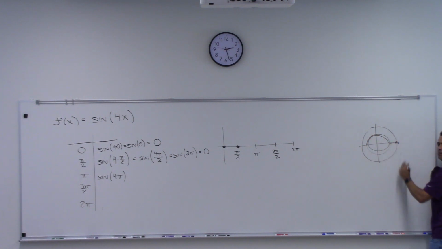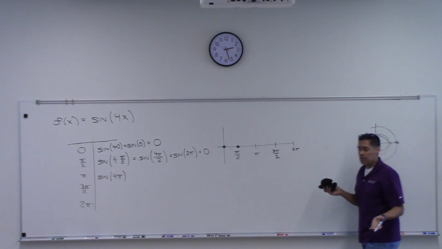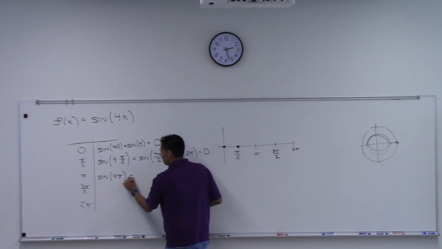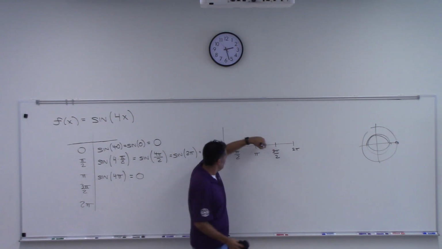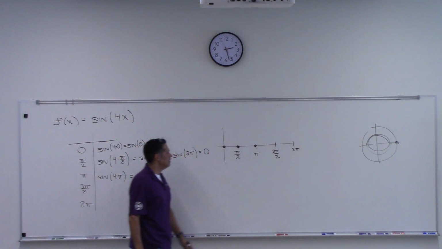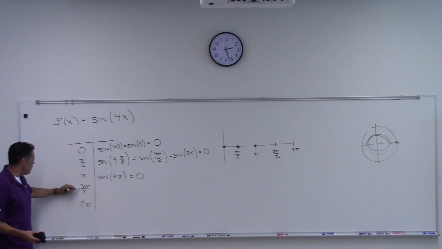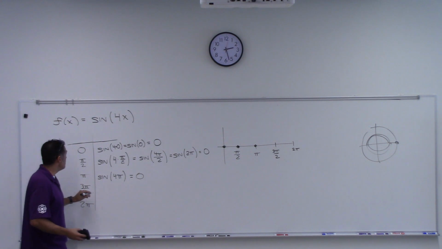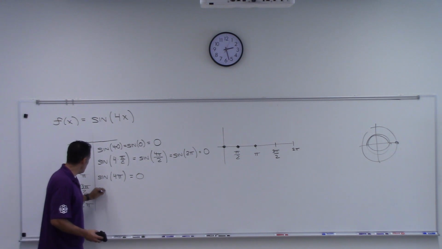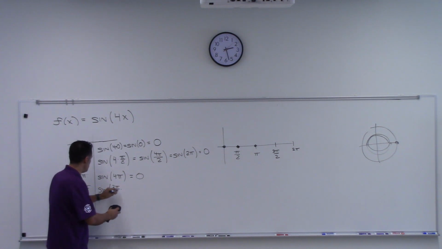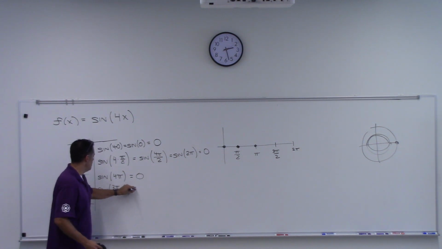So we're here, right? Sine there is? 0. Right? 0 again? What's going on here? This is weird. We're getting 0 every time. How about here? If we plug in 3 pi over 2 into that. Sine of 3 pi over 2 times 4. I should have put the 4 in front. It doesn't matter. What is that?